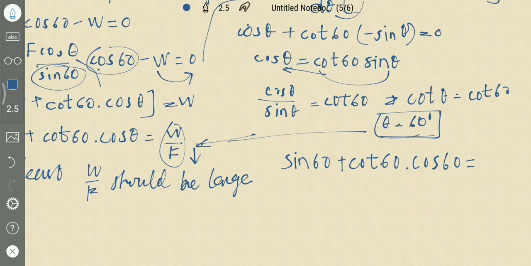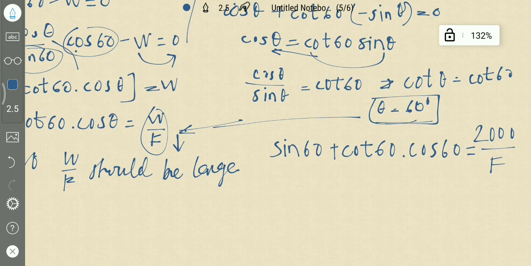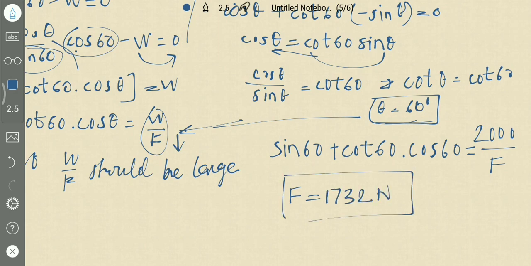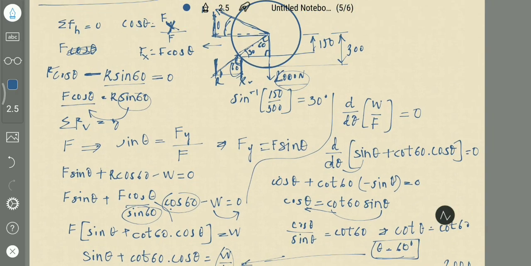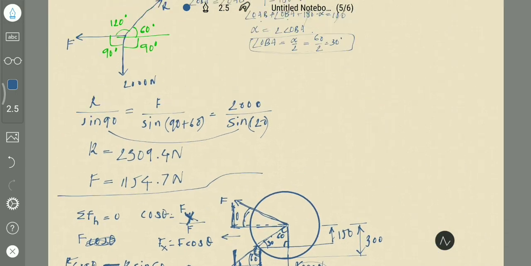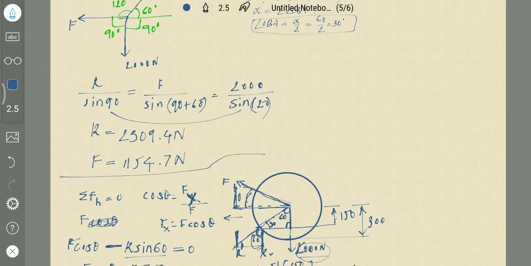The weight 2000 divided by force F, which is to be pulled. If we calculate this, F will be 1732 newtons. This is the minimum force required when applied at the center of the block. Minimum force required for the ball to climb the curb when applied at the center of the ball.